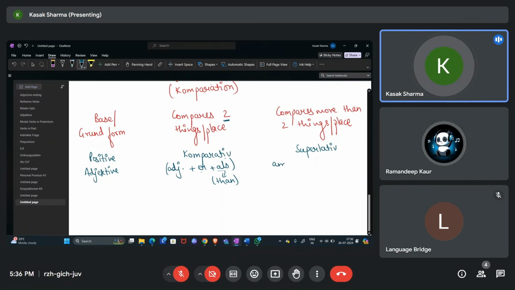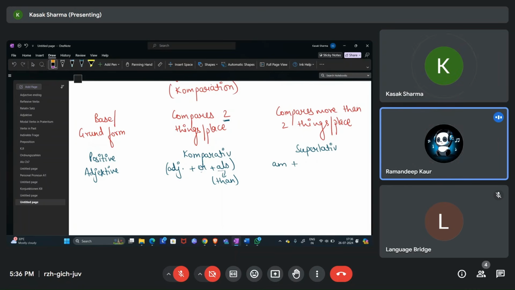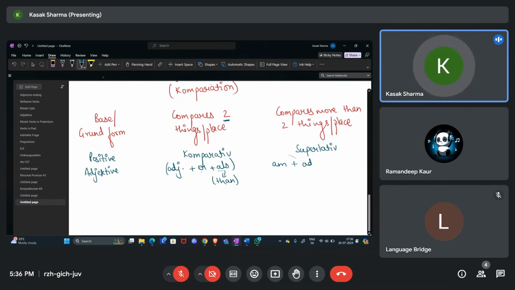So here, first we use am, then we take the adjective. Then we have two endings here: either we add -sten or we add -esten.